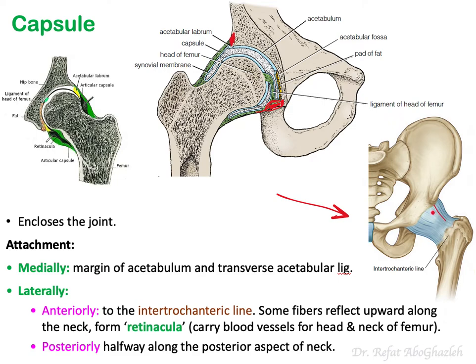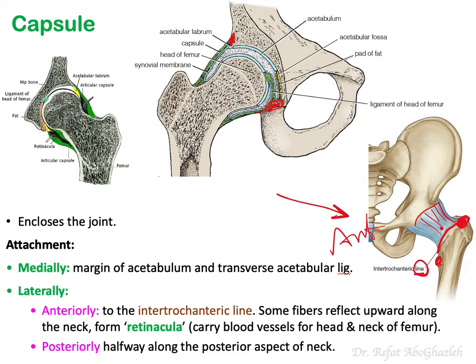Look at the capsule attached to the margin of the acetabulum, and laterally, anteriorly, right? I'm talking about anteriorly. Laterally, it attaches to the intertrochanteric line. You remember the line between the greater trochanter and lesser trochanter anteriorly? It's known as the intertrochanteric line, right?